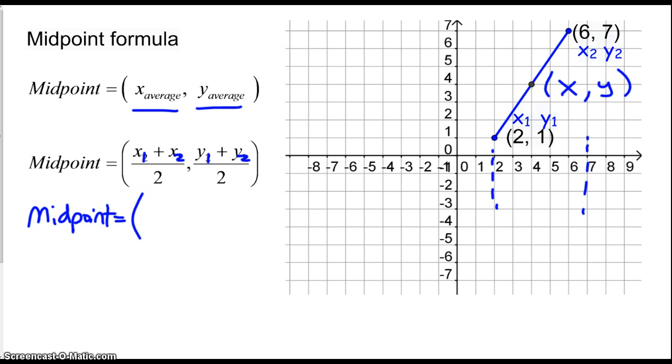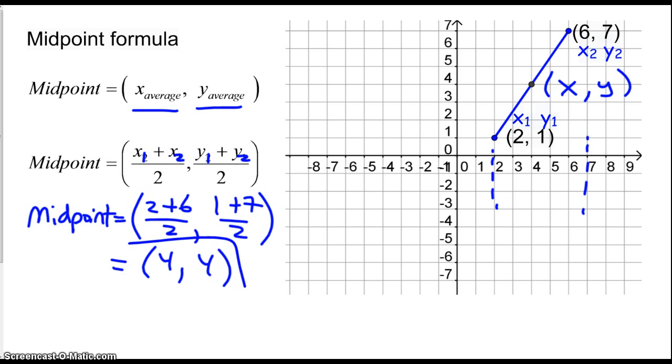If I had the points 2, 1 and 6, 7, I would just take the two x values, 2 plus 6 divided by 2 to take the average, and then I would take the average of the y values. So I'm plugging in for x1, y1, x2, y2. So 8 divided by 2 is 4, and 8 divided by 2 is 4 also. So it looks like the midpoint here is the point 4, 4.